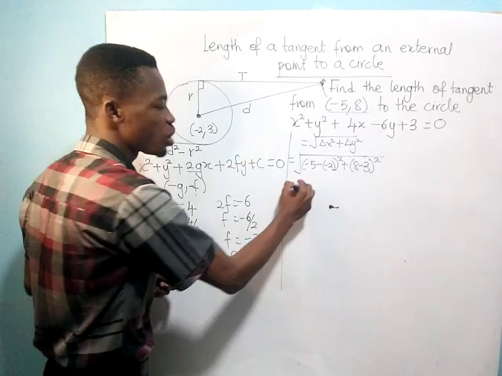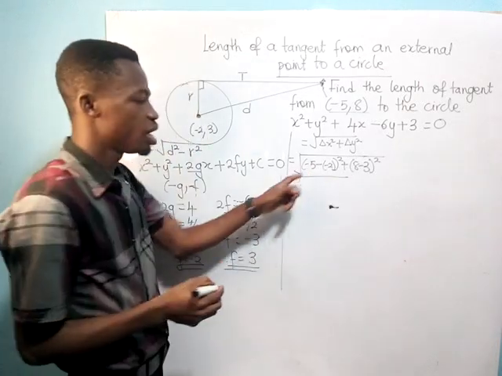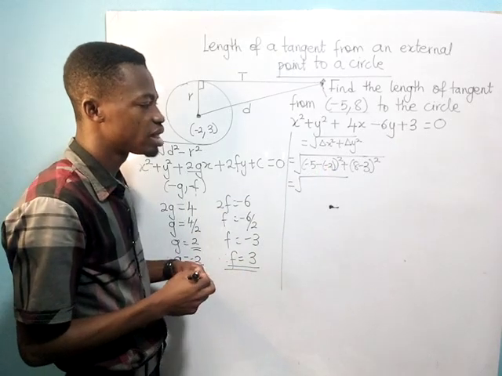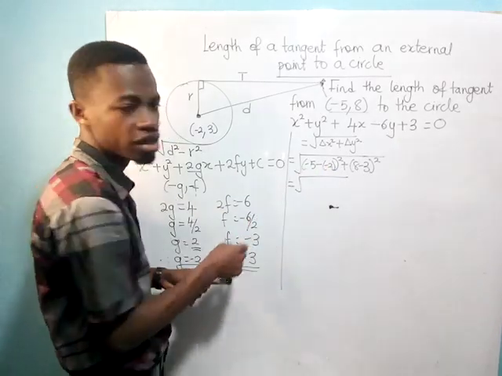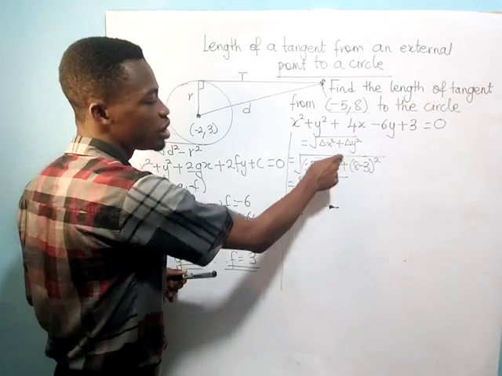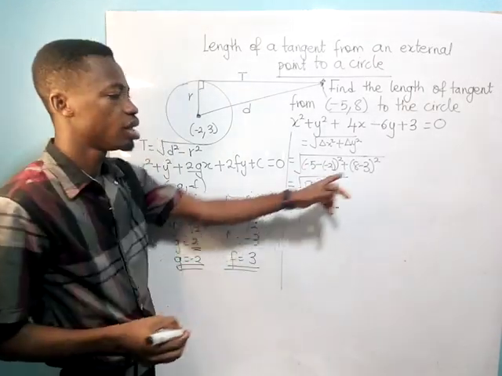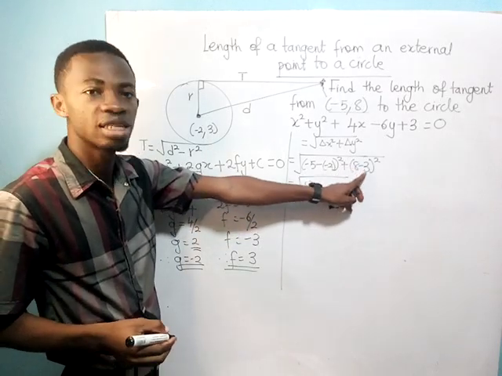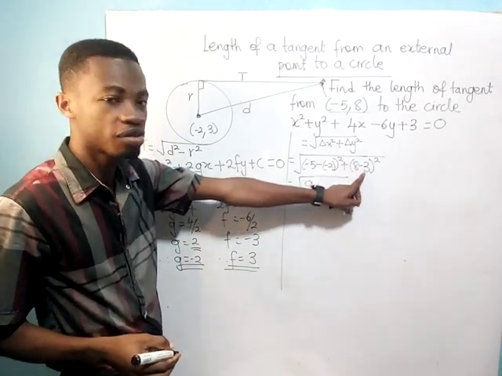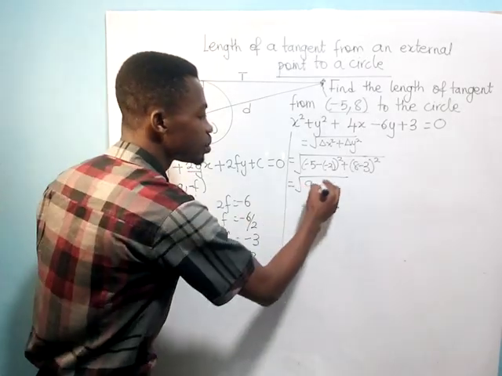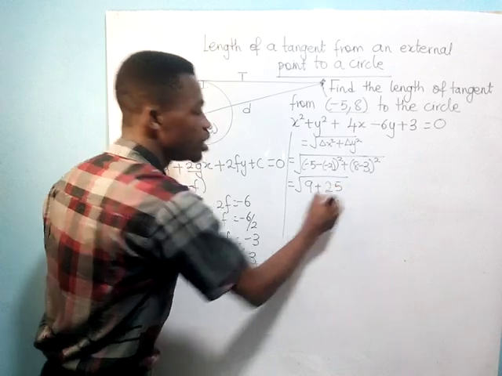Now when we solve this, we are going to have the square root of negative 5 minus 2, which is negative 7... negative 3 to the power 2 will give us 9. 8 minus 3 will give us 5. 5 to the power 2 is going to give us 25.